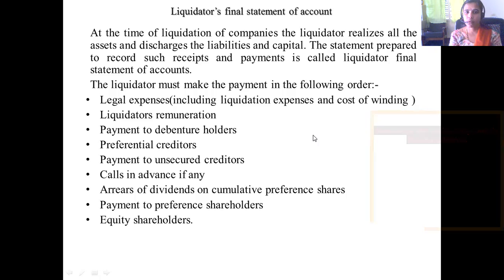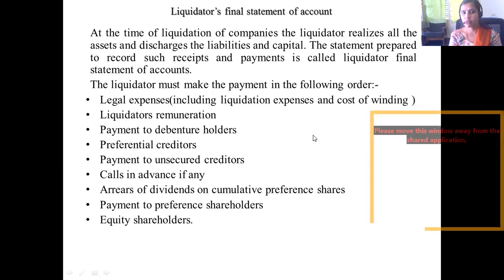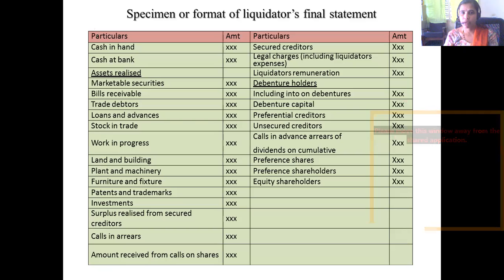Then payment to the debenture holders, then the preferential creditors, payment to unsecured creditors, calls in advance if any, arrears of dividends on cumulative preference shares, payment to the preference shareholders, and finally, if there is anything left over, the equity shareholders will be paid. So this is the order of payment that you need to understand, keep in mind, and follow in the liquidator's final statement.